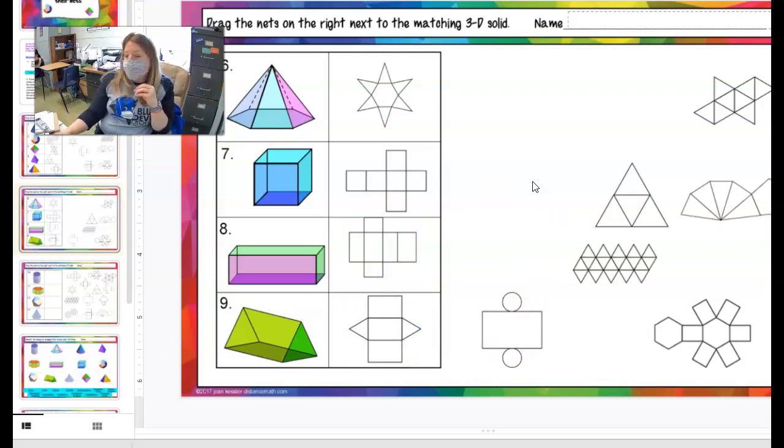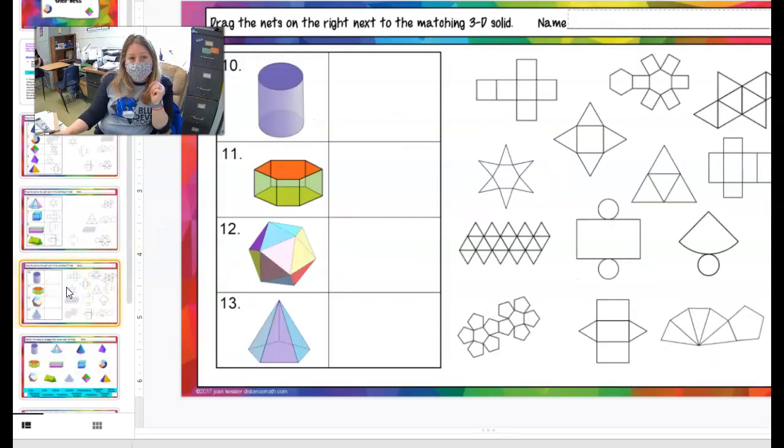Those are the 4 nets that go with those shapes. And we'll go to the next slide. Alright, and see if you can get those 4 going.